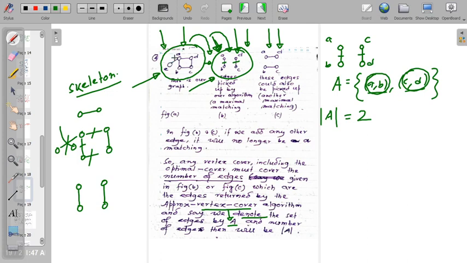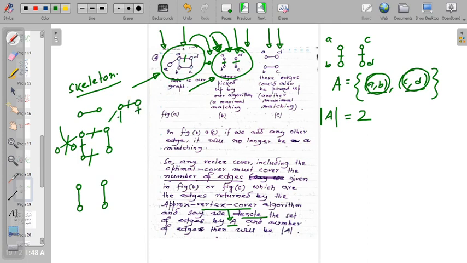You may say that we are picking an arbitrary edge in our approx vertex cover algorithm, right? Then say first I am picking this edge, then all other edges which are incident on these vertices will be removed.